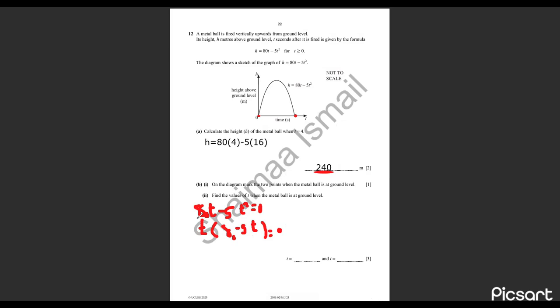So we have two solutions. The first solution is t equal to 0. The second: 80 minus 5t equals 0, so 80 equal to 5t, so t equals 16.